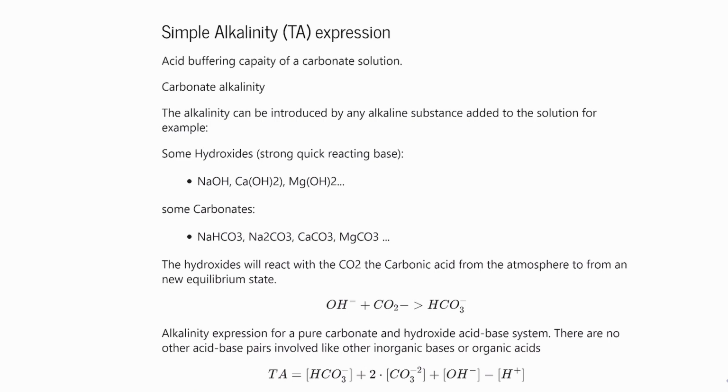Alkalinity is nothing else than the buffering capacity of the water, the acid buffering capacity, how much acid it can buffer. For example, if you take purified water and want to introduce some alkalinity, you could use hydroxides, just metal cation and hydroxide, which dissolves easily. Or you can use carbonates, like metal cations and the carbonate or bicarbonate.